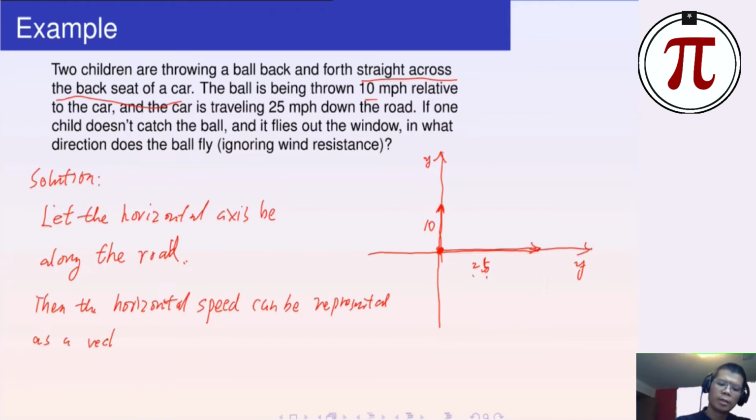Let's say V1. All right, this one equals what? It is going from 25, 0. Yes.